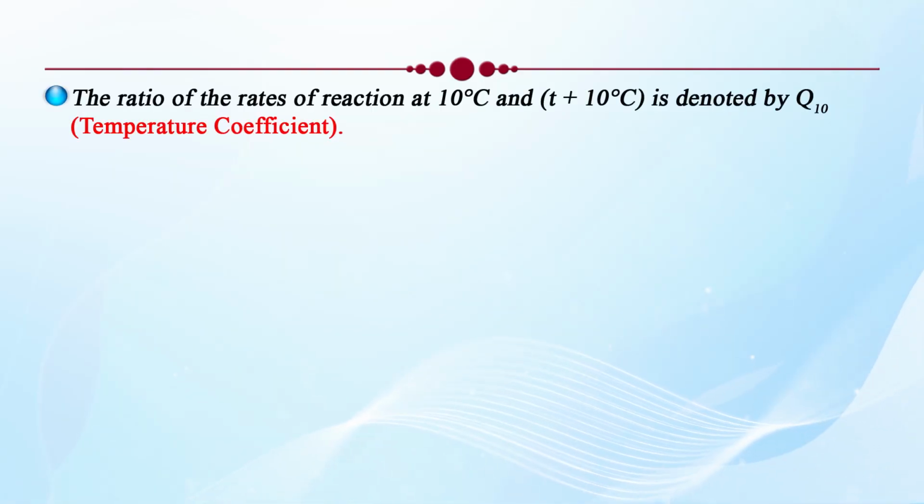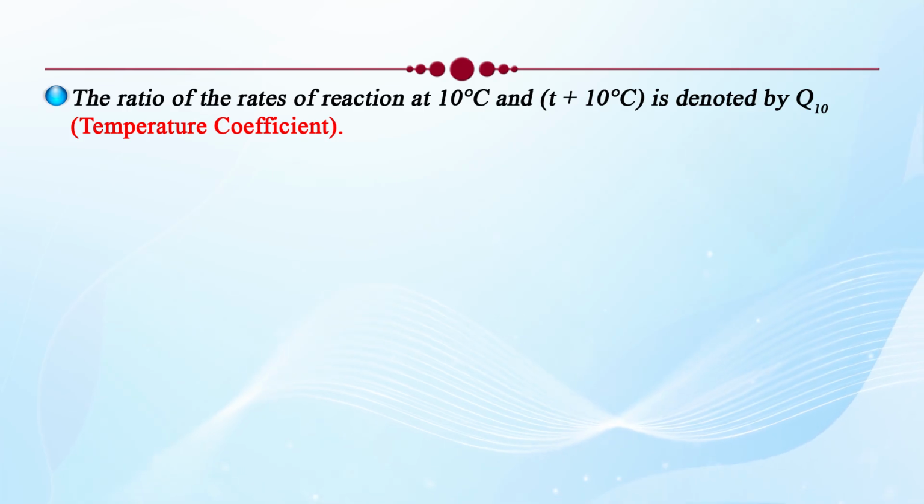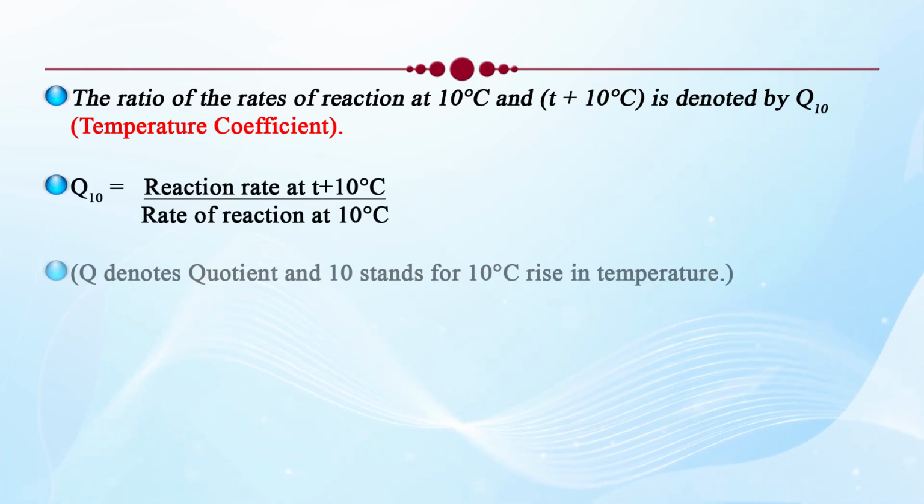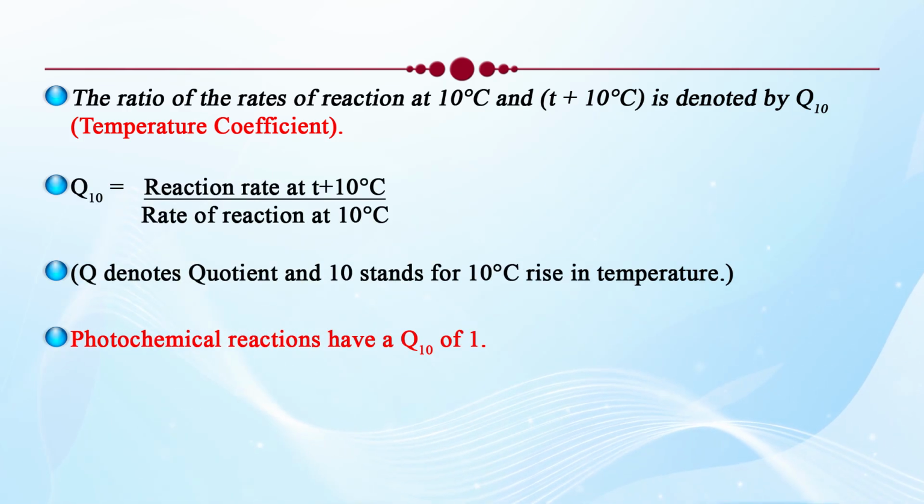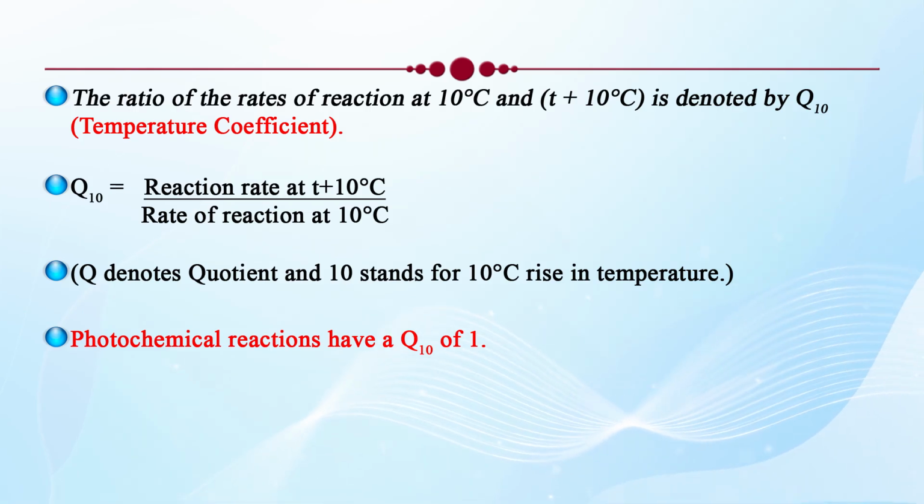Therefore, before coming to the types of reactions which are involved in photosynthesis, let us find out what we understand by the term Q10, which is a very important term in biochemistry. Actually, Q10, which is called the temperature coefficient, is a ratio between the reaction rate at T plus 10 degrees to the reaction rate at T degrees.